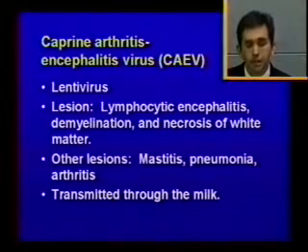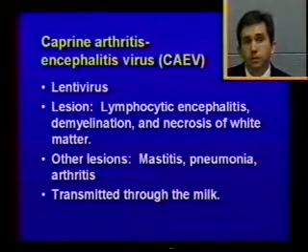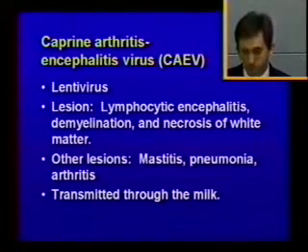But also it causes mastitis, pneumonia, and arthritis. So these goats are very ill through multiple systems that are targeted by this virus. It's transmitted through the milk, so the reduction of this virus and the control of it is through foster nursing to remove it and eliminate this agent from a herd.